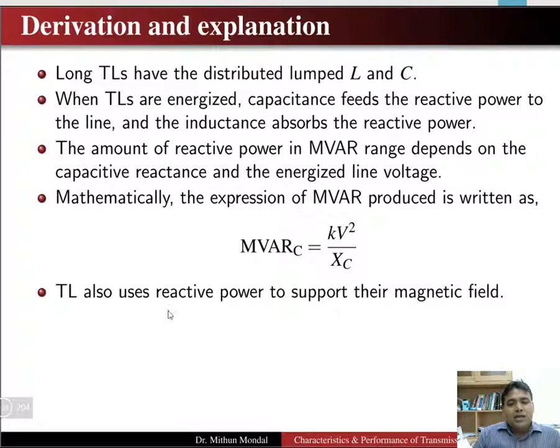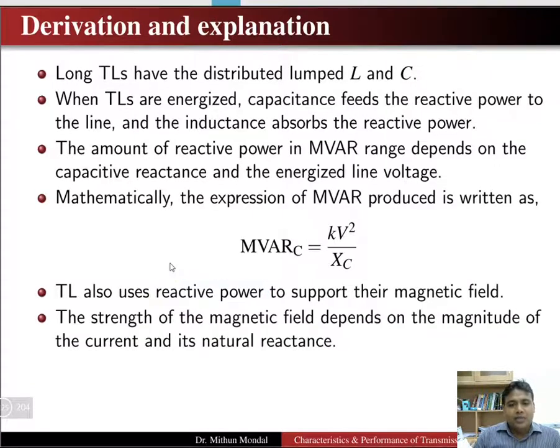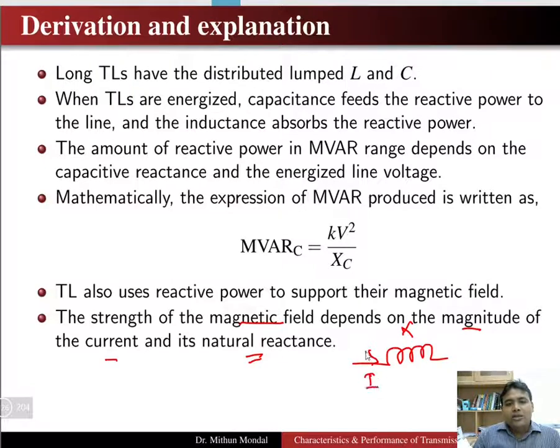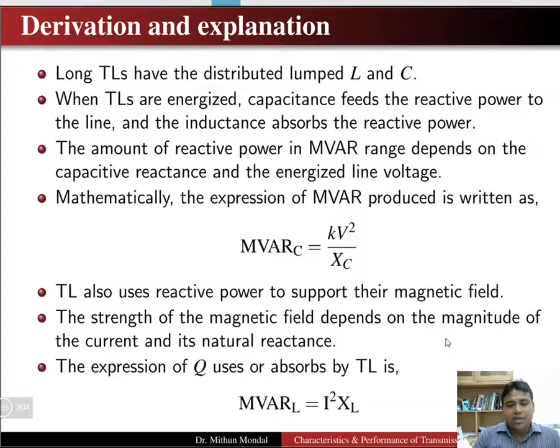Now, transmission lines use reactive power to support their magnetic field. We know that whenever there is a current, there is a magnetic field. So the reactive power is very important to support the magnetic field. The strength of this magnetic field will depend on the magnitude of the current and the natural reactance of the line. So any line having a reactance X and current I flowing will give a magnetic field strength H, which depends upon the current and the natural reactance of the line.